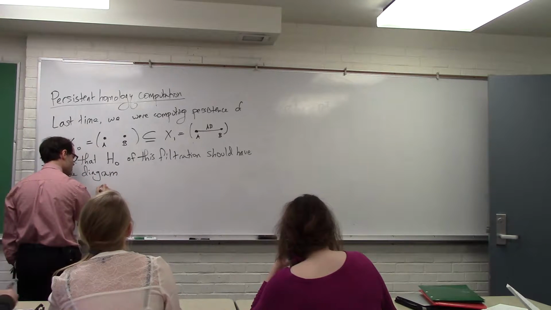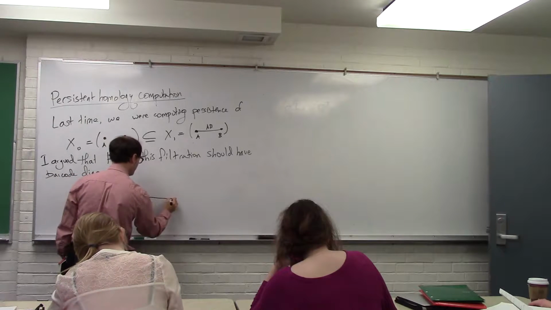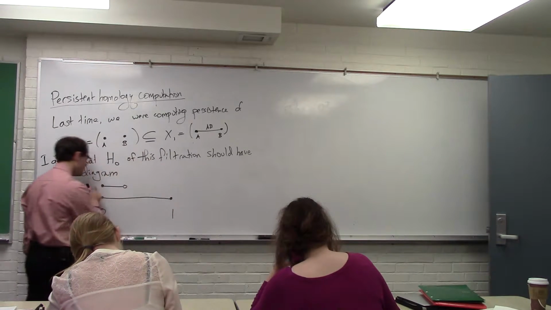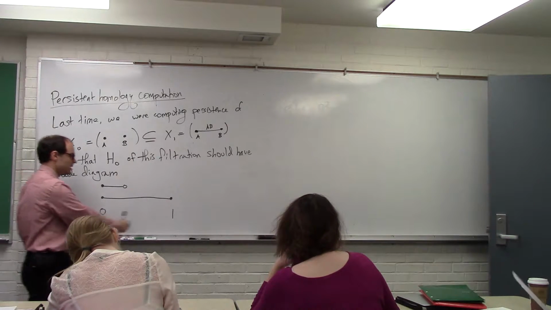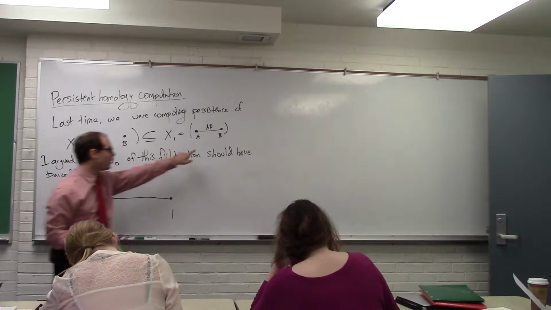I said something of the sort. It should look kind of like this. This is time 0, this is time 1. These are our two components, and this is our one component here. We have two connected components here, we've only got one.